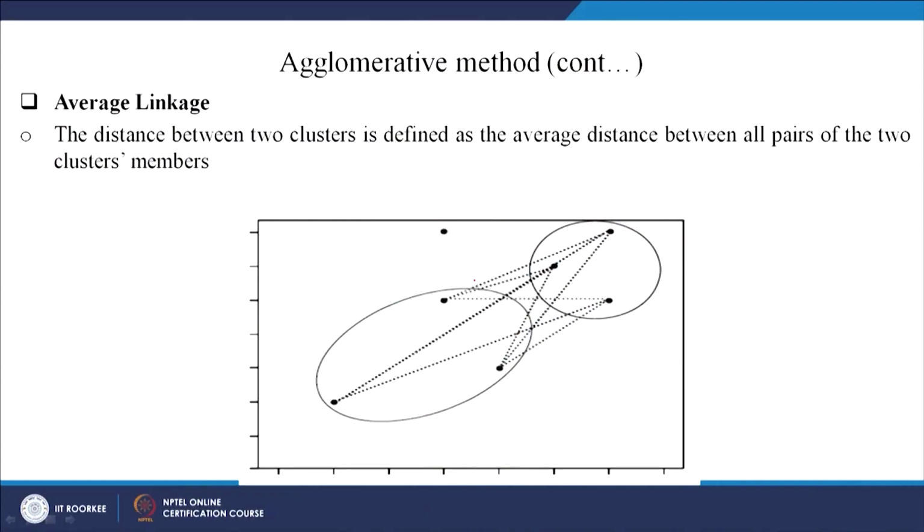It identifies all the different points, adds them and takes the average distance between all pairs of the two cluster members. So, that is why if you have large data points, hierarchical clustering becomes a little difficult, right, because so many combinations will come, so many calculations have to be done.